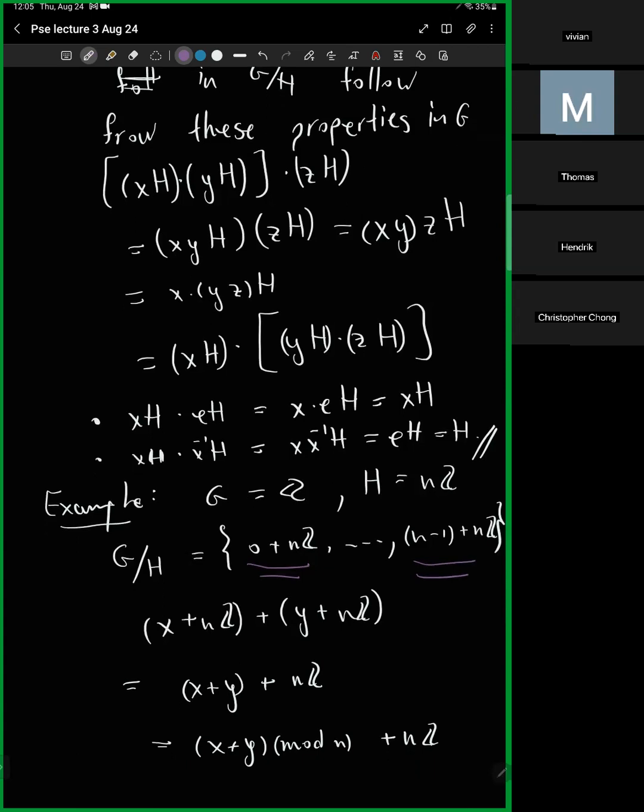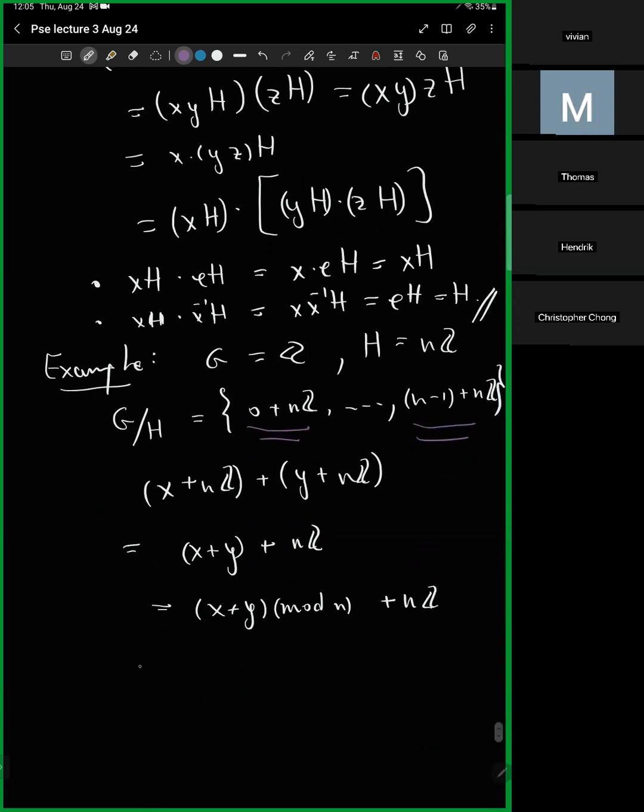So we could identify G mod H with simply the integers modulo n, because it has the same number of elements, and the multiplication table, if you will, is the same.